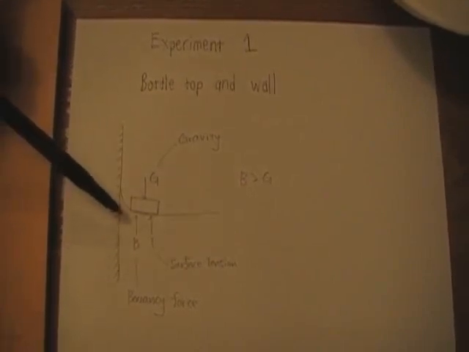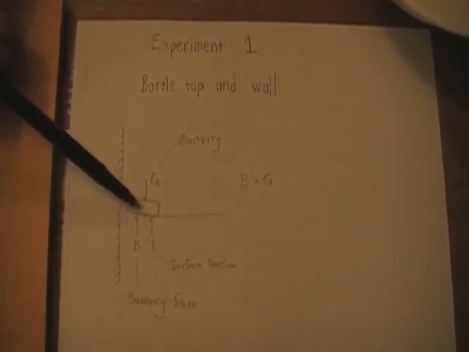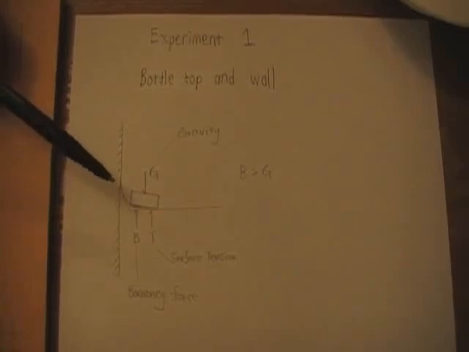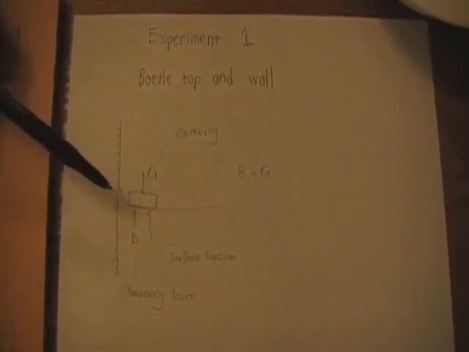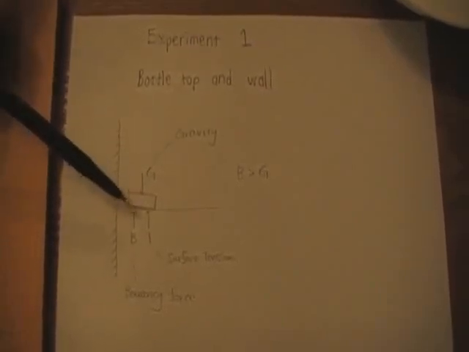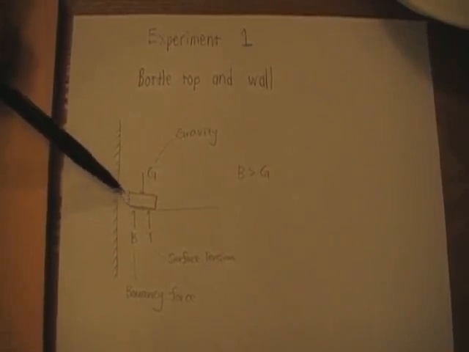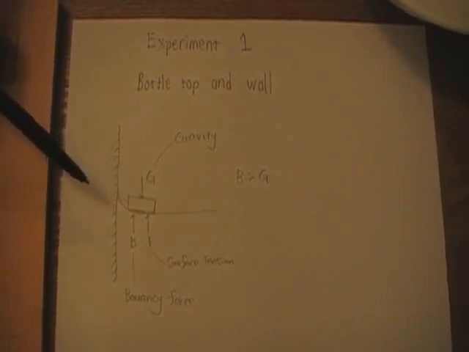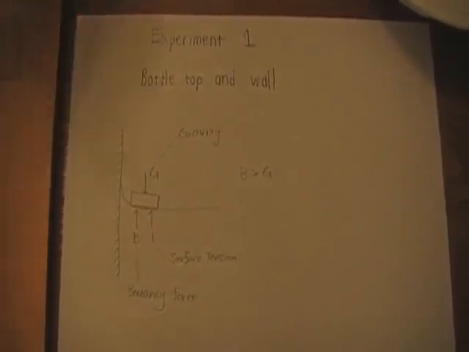The net result will be that the bottle top will attempt to rise to the highest point that it can, without, of course, leaving the surface of the liquid, because then there would be no buoyancy force. It does this by moving up the meniscus curve, causing it to appear to be attracted to the wall.